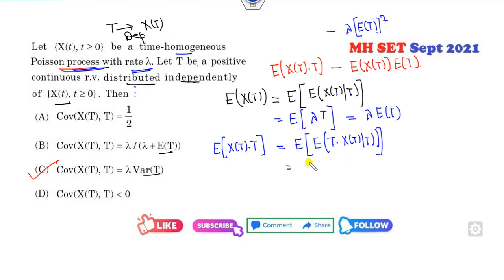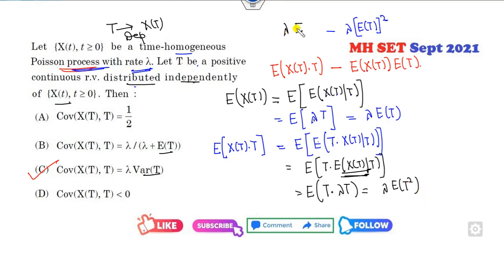Since this is an expected value, t stays outside, and by using the conditional expectation, what is the expected value of X(t)? Lambda into t. Lambda is a constant, so it is E of t square, with lambda outside. So what is the meaning of that? If I take lambda as common, E of t square minus the square of the mean is the variance. Otherwise you can remember that this is the standard formula.